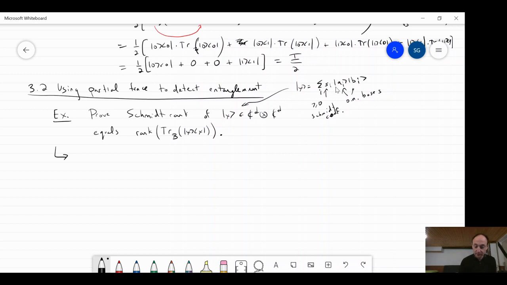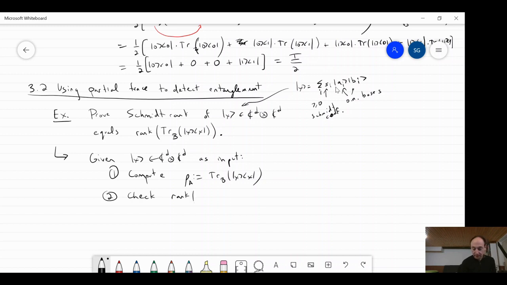Given psi as input, one, compute rho A, which, when we write this, just means the reduced state on system A. And two, check the rank of rho A. If the rank is strictly larger than 1, psi is entangled.